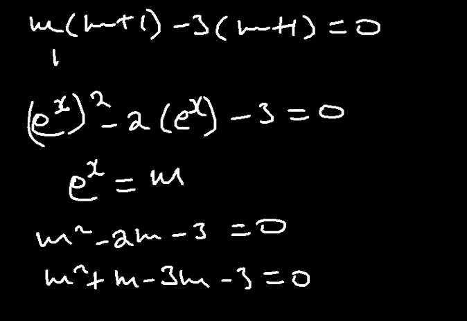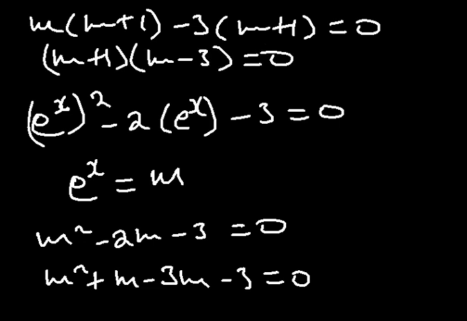In this case we'll have m plus 1 times m minus 3, that is given as 0. Hence we have m is equal to negative 1, and m is equal to 3, of which automatically the negative one is not going to give us a real solution. Hence we'll use the other one.